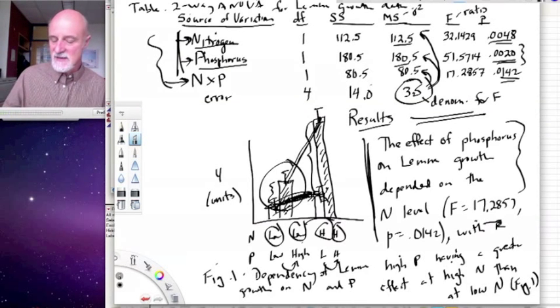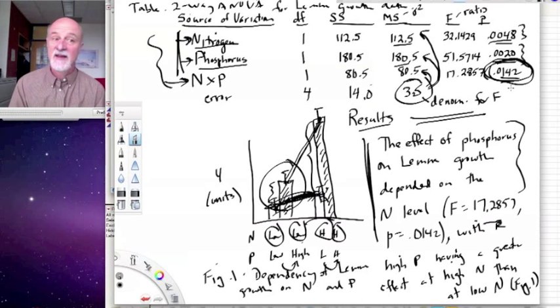There was a dependency. So can the statistics lead you astray? A little bit, and you have to use some judgment once you have found a significant interactive effect.